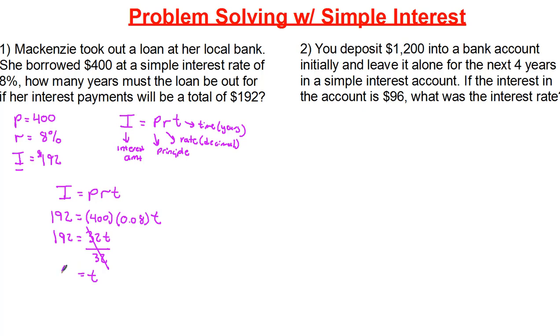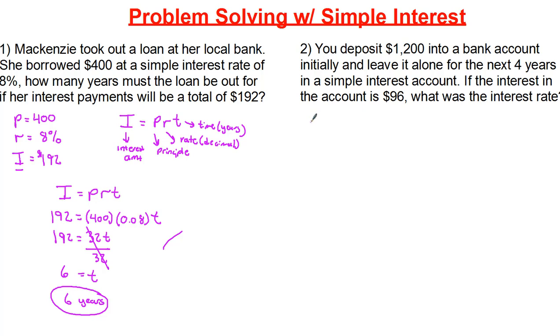That's going to be equal to 6. Okay, so my answer is going to be 6 years. All right, go back to the question, make sure I answered it. How many years must the loan be out for if her interest payments will be a total of 192? That'll be 6 years.